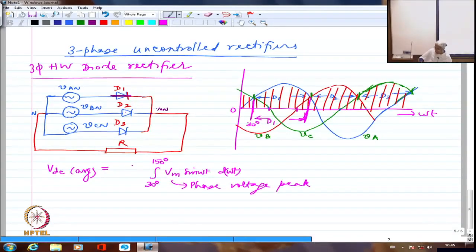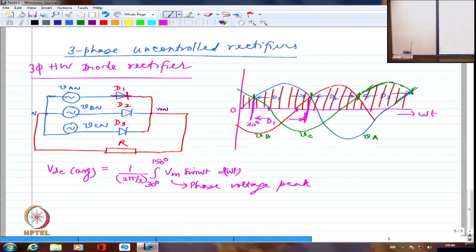And I have to average it over 2 pi by 3, exactly. Right? So this is the kind of expression I will get for a 3-phase half-wave rectifier with diode. So it is an uncontrolled rectifier.